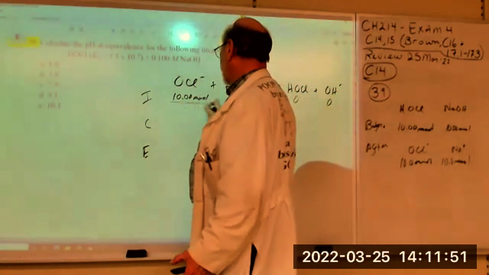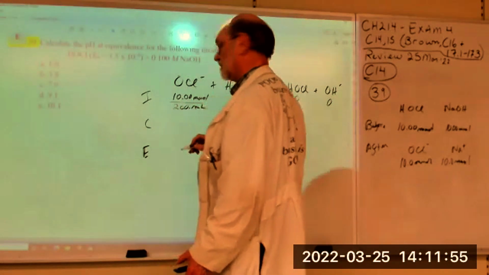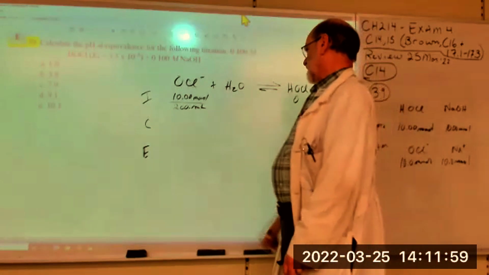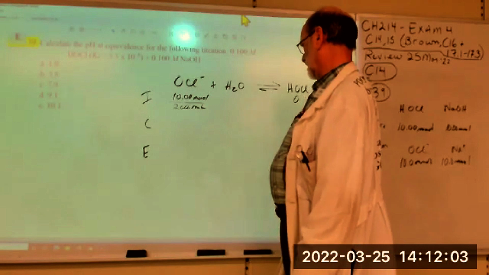So this has to be divided by the total volume. Right? 10 divided by 200 is 5 divided by 100.